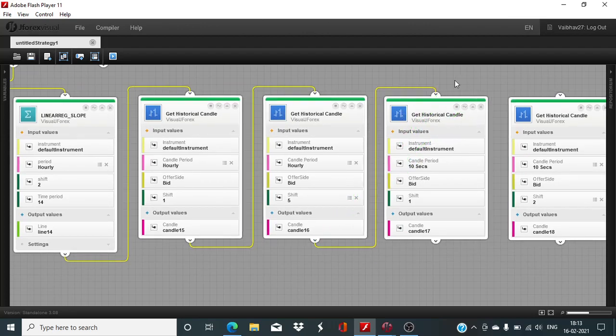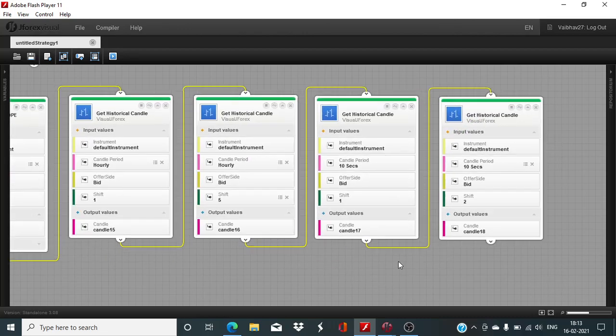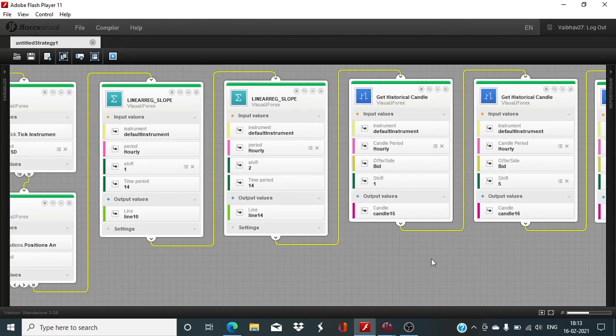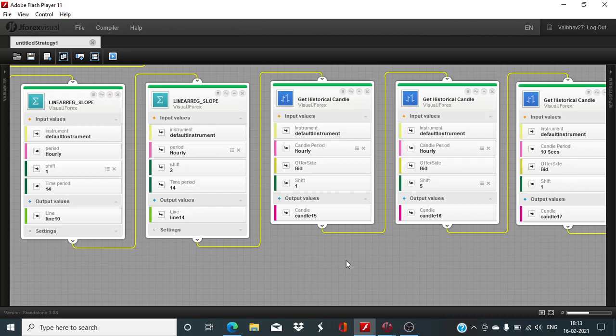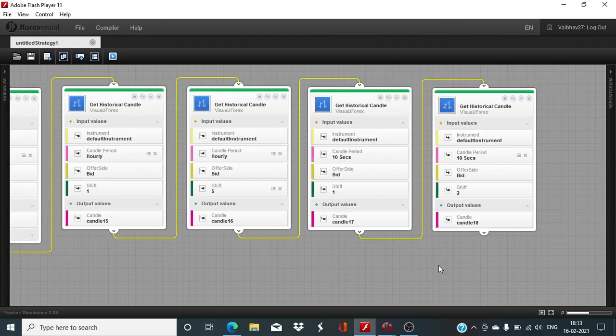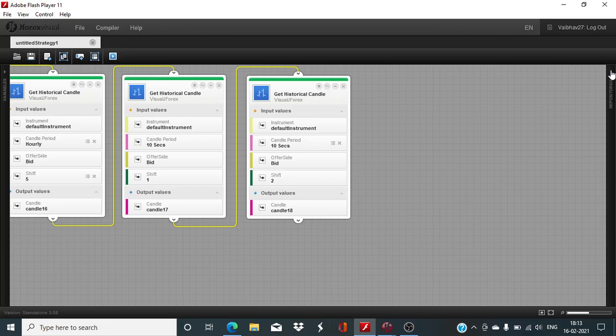Now we will join this. Okay, so these blocks which are going to be required have been retrieved, and I have also defined the values as per the setup. Now we will need to take a couple of calculation blocks.